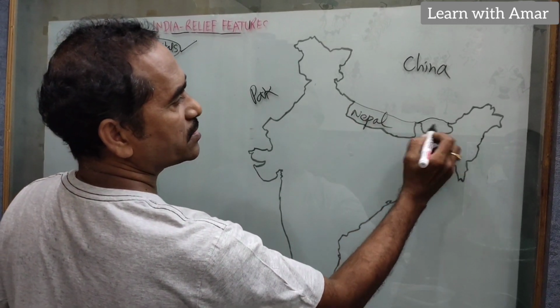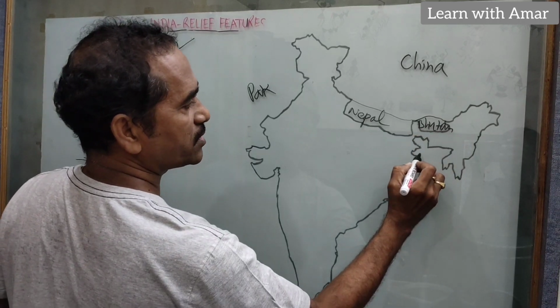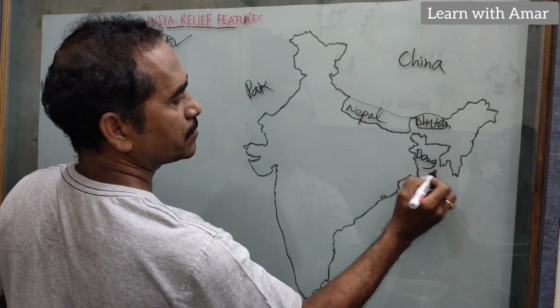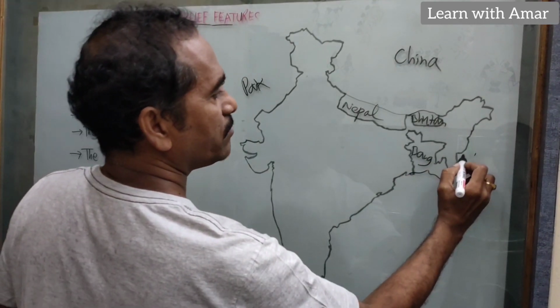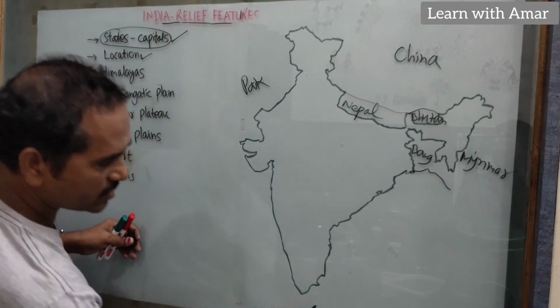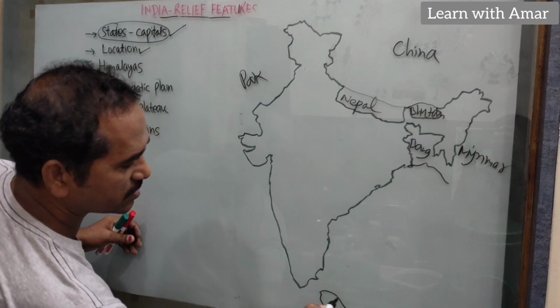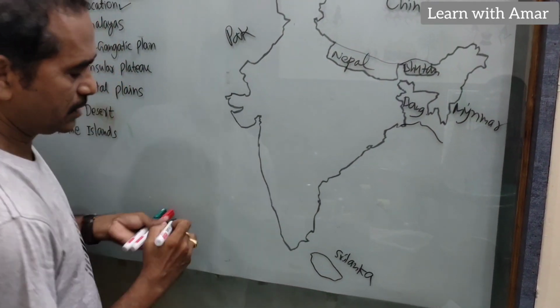And this one is Bhutan, and this one Bangladesh. Next, this side Myanmar. So these are the countries, and also we know here it is Sri Lanka. So these are neighboring countries.